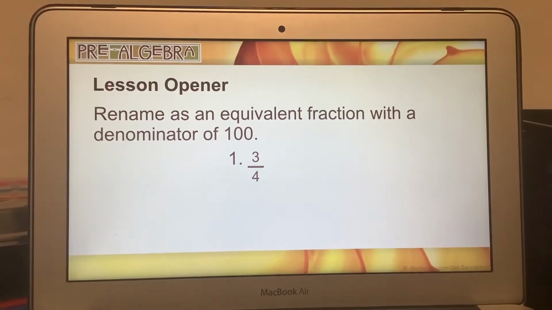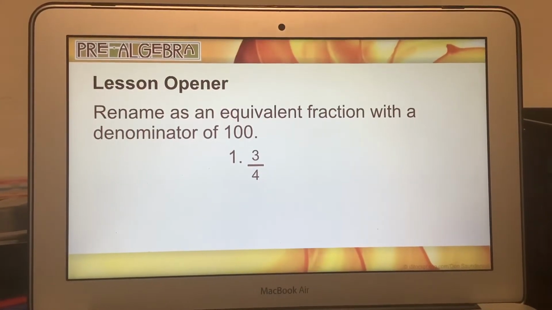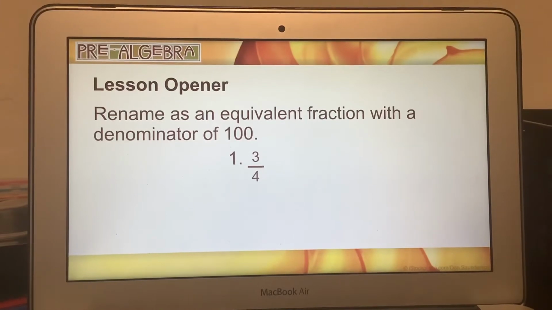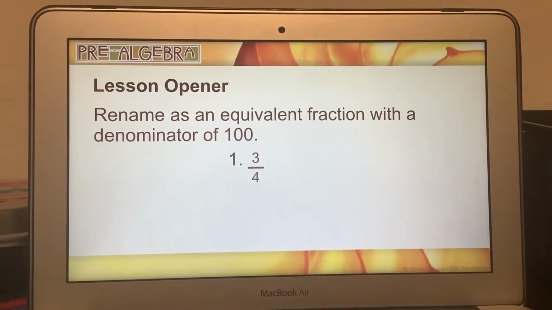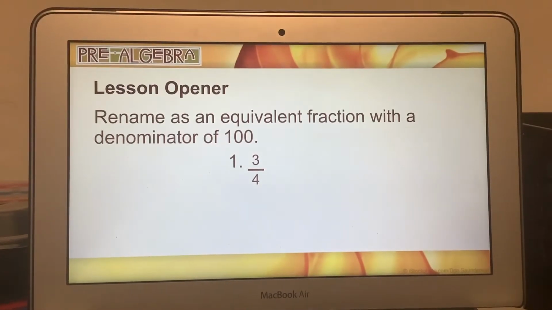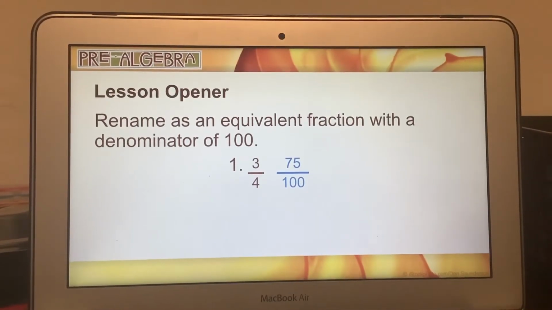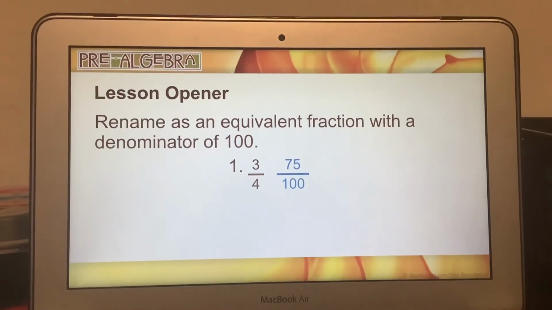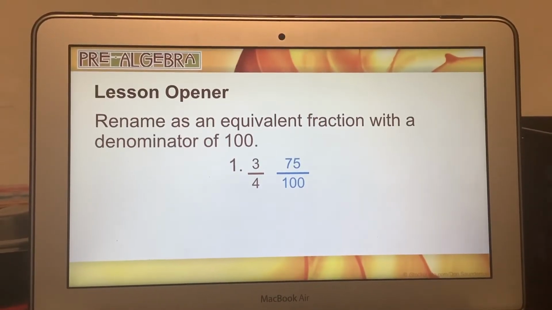So what times 4 is equal to 100? 4 times 25 would equal 100. So if we multiply 4 times 25, we would also have to multiply 3 times 25. 3 times 25 equals 75, and 4 times 25 equals 100. And then our new fraction is going to be 75 over 100.